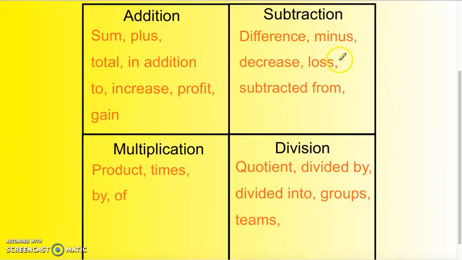Subtraction: difference, minus, decrease, loss, subtracted from. Multiplication: product, times, the word by, or the word of. Those are clues to multiplication. And then lastly, division: quotient, divided by, divided into.